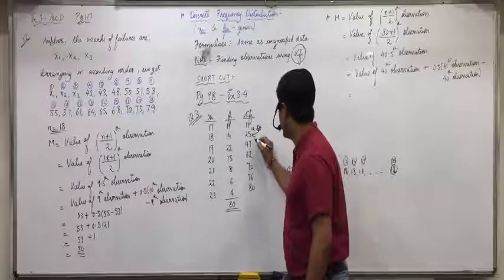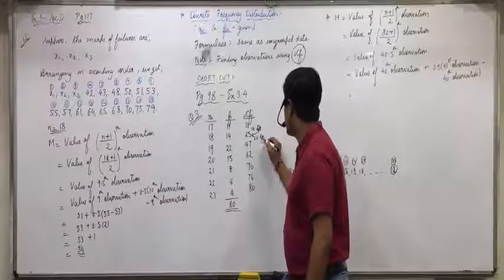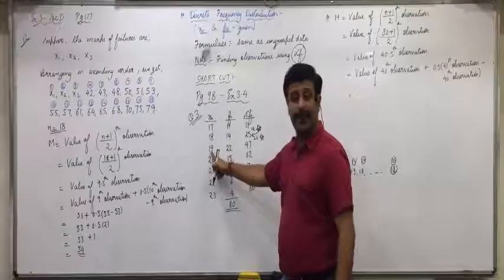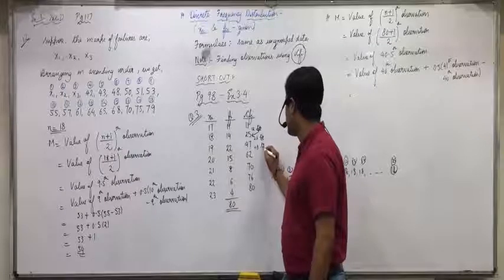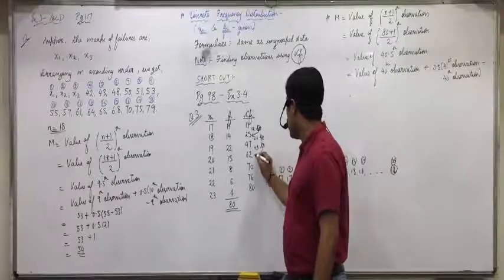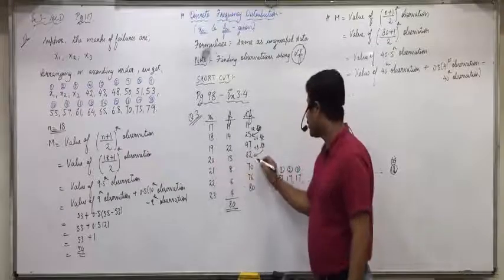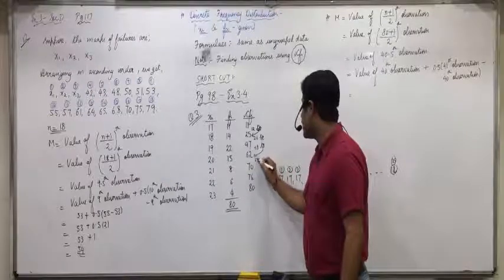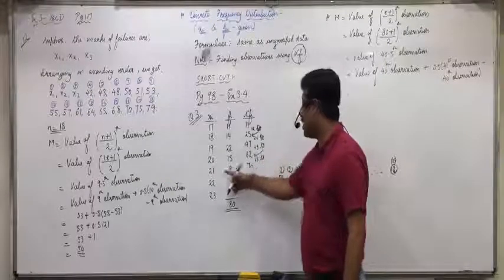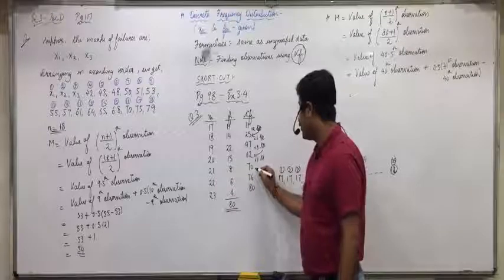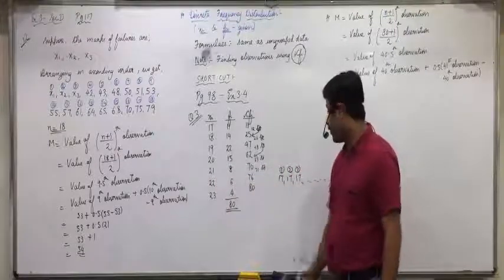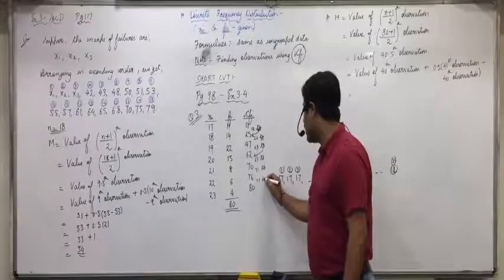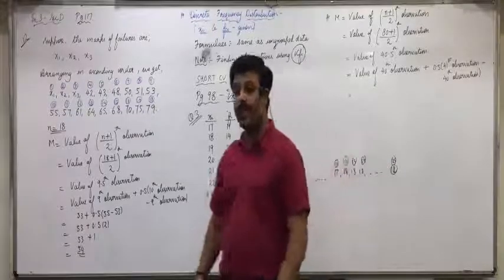After 25, 26 to 47 all are 19. 48 to 62 all are 20. 63 to 70 all are 21. 71 to 76 all are 22. 77 to 80 all are 20.